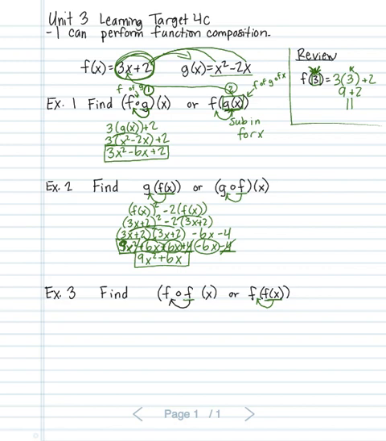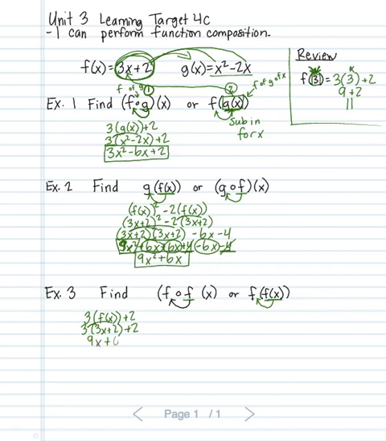So let's write down f is 3x plus 2, but instead of x, we're going to fill in f of x. And we know that f of x is 3x plus 2, because that's what it says up top. So distribute our 3 and we get 9x plus 6 plus 2. Combine like terms and get 9x plus 8.